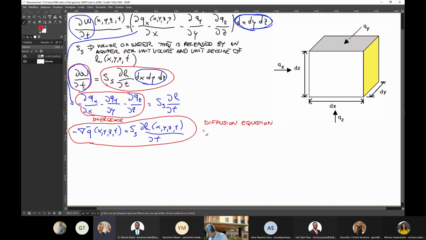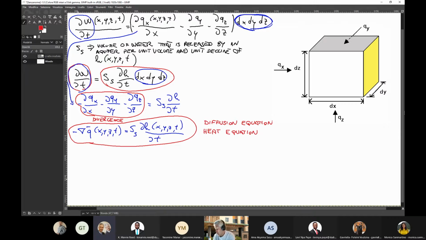It's also known in other fields as the heat equation. So it's a typical equation that we encounter in many fields of engineering. And it's, as I said, a partial differential equation. Precisely, it's a parabolic equation, but we don't want to go into the details.